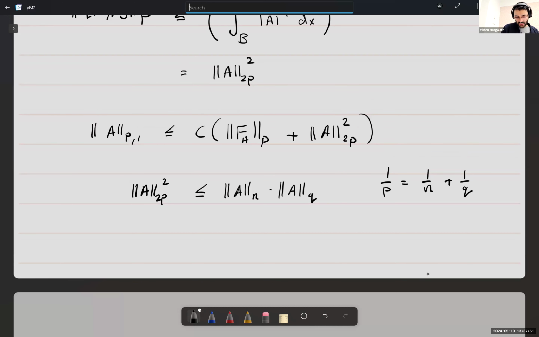But what I'm going to try and do is I want to get a P1 here so that I can move this to the other side. So we need to use the Sobolev inequality and apply it to these two things. I'm applying it separately to each one of these norms. So we get A Q is less than or equal to C, A P comma 1, which is nice, right? Because we used Holder's inequality here.